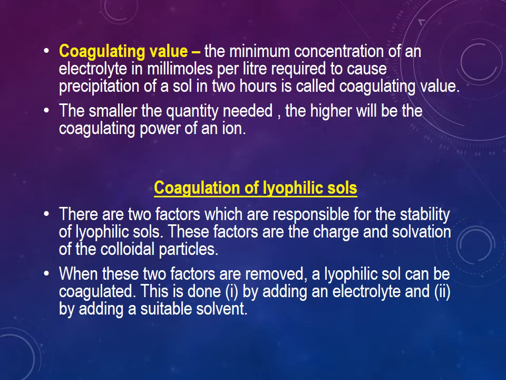There are 2 factors which are responsible for the stability of lyophilic sols. These factors are the charge and solvation of colloidal particles. When these 2 factors are removed, a lyophilic sol can be easily coagulated. This is done by adding an electrolyte and by adding a suitable solvent.